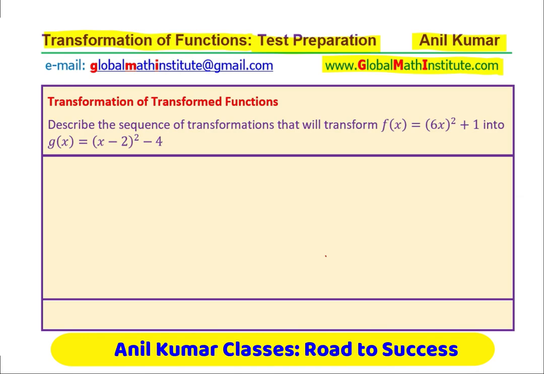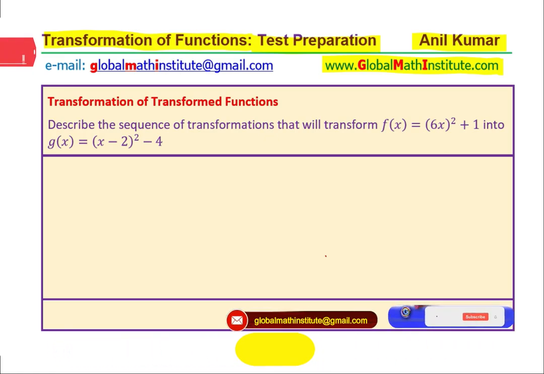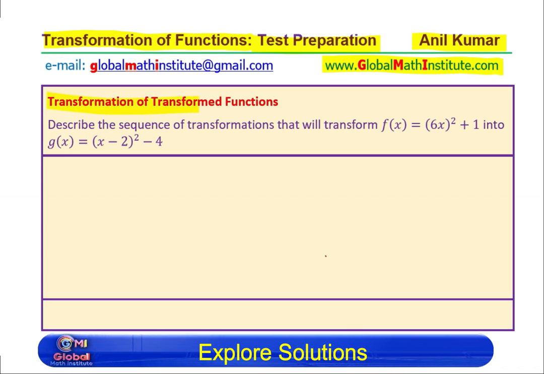Describe the sequence of transformations that will transform f of x equals (6x) whole squared plus 1 into g of x equals (x minus 2) whole squared minus 4. Now, here we have transformation of a transformed function.